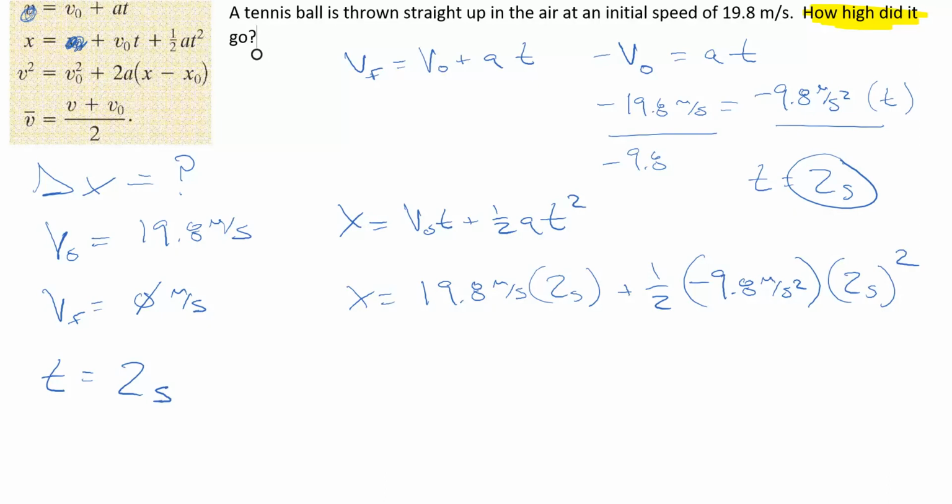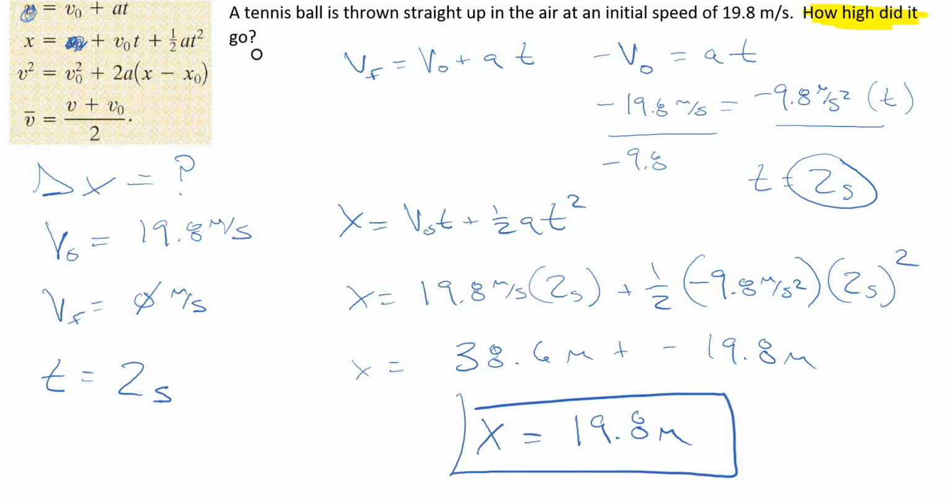And when I start to solve for these values, over here I get 38.6 meters plus a negative 19.8 meters.